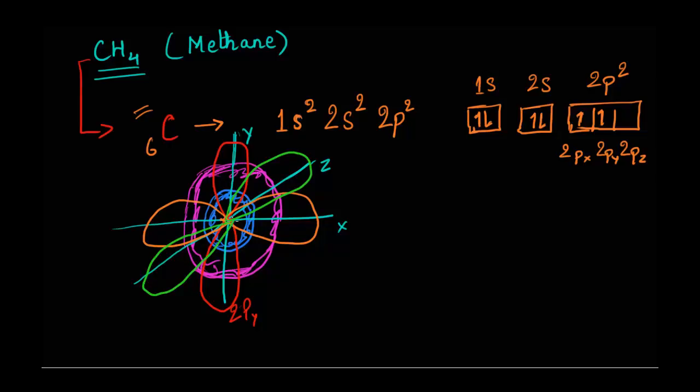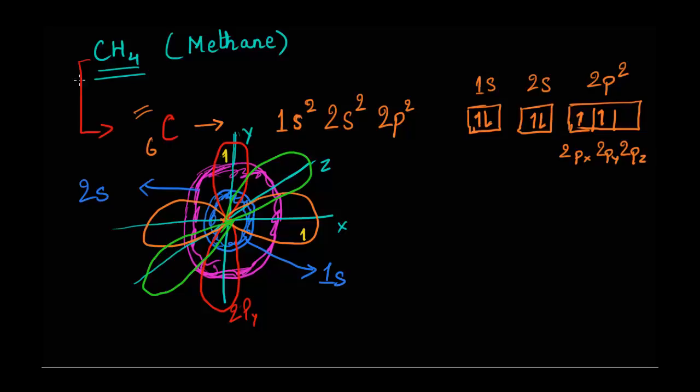Now how many electrons do we have in 1s, 2s and 2p? This is my 1s, it has 2 electrons. This is my 2s, it has 2 electrons. And in the 2p subshell we have 3 orbitals, 2px, 2py and 2pz, in which we have 2 electrons. Those 2 electrons will be in 2px and 2py.